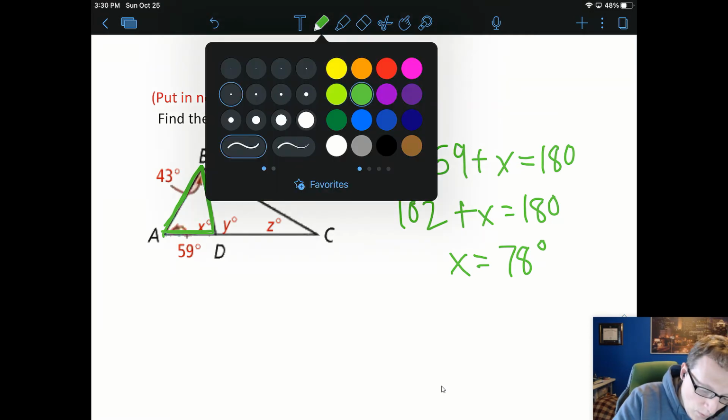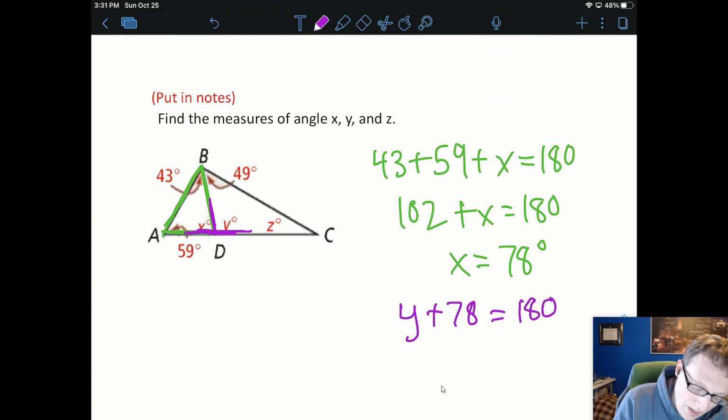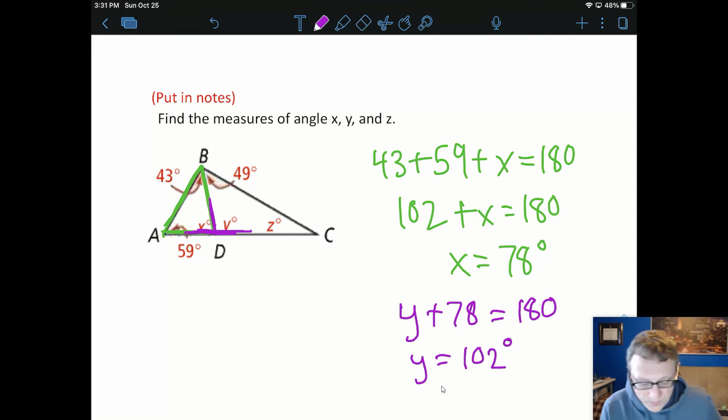That helps us find what y is, because if you look down here, x and y form a linear pair. So that means that x plus y, and x is 78, has to equal 180. We get 102 again. So 102 degrees for that one.